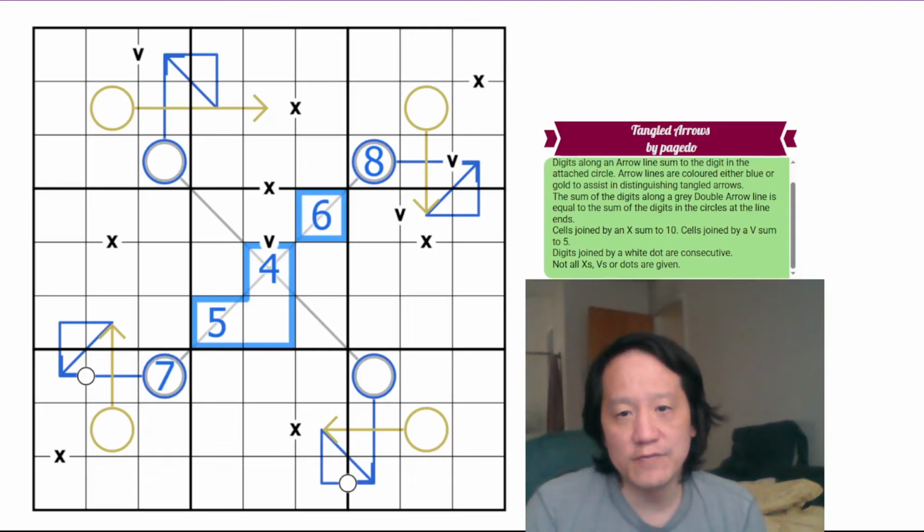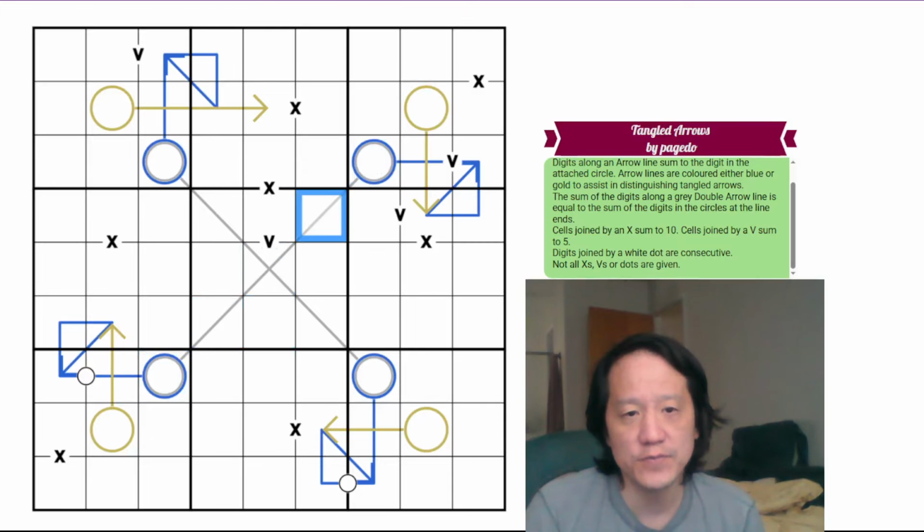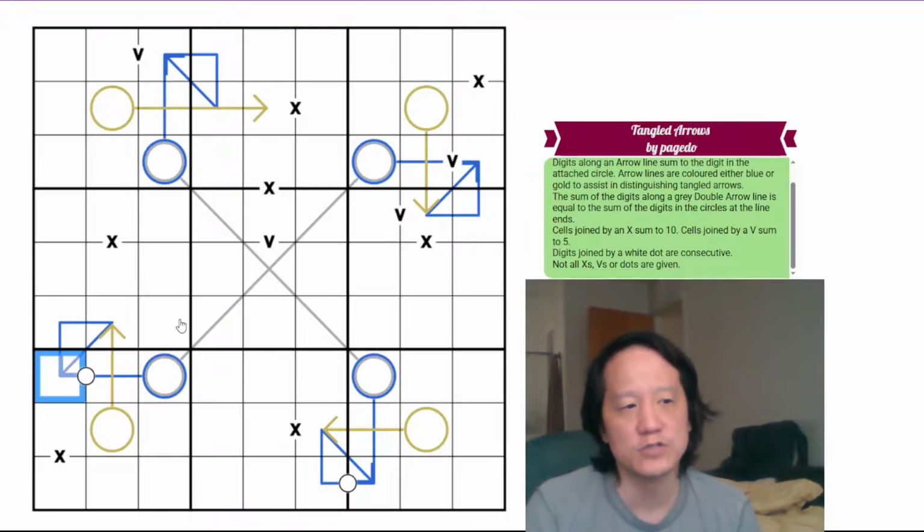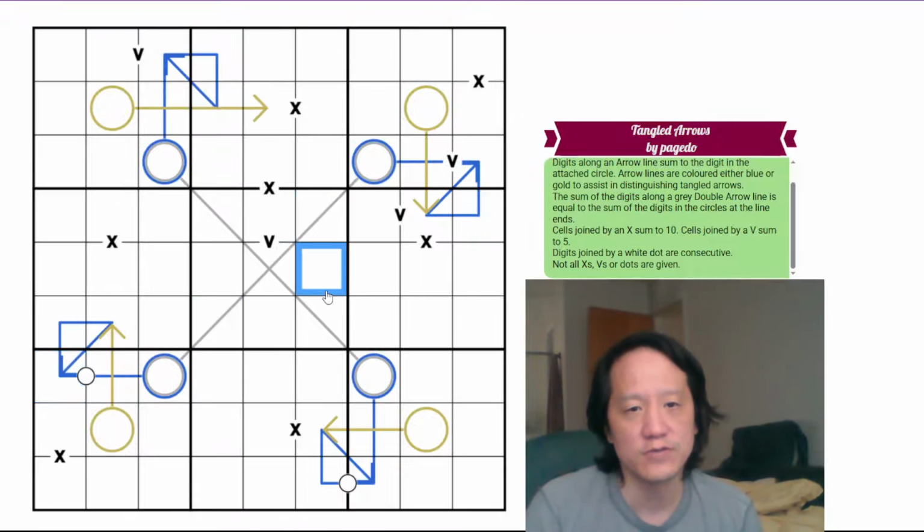We also have cells joined by an X sum to 10, cells joined by a V sum to 5. So these are typical XV rules. We also have digits joined by a white dot are consecutive. That's the typical white Kropke dot rule set. And not all X's, V's, or dots are given, which just basically means there is no negative constraint.